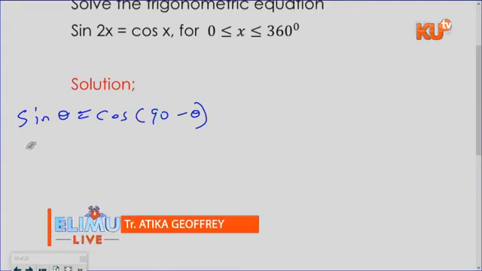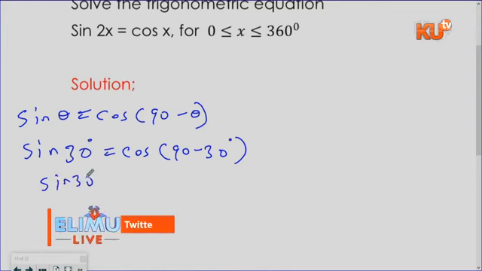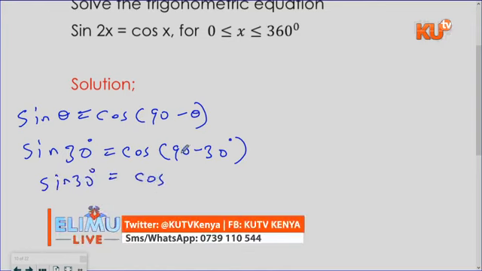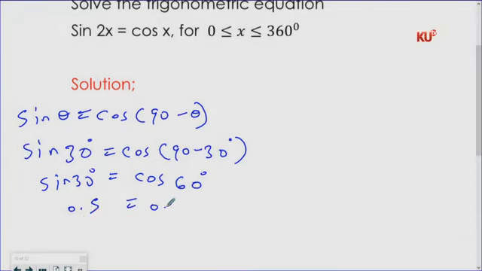For example, sine 30 degrees is equal to cos of (90 minus 30), which is cos 60 degrees. Even if you use your calculator, sine 30 gives 0.5 and cos 60 degrees gives 0.5. That is what we did in Form 2.